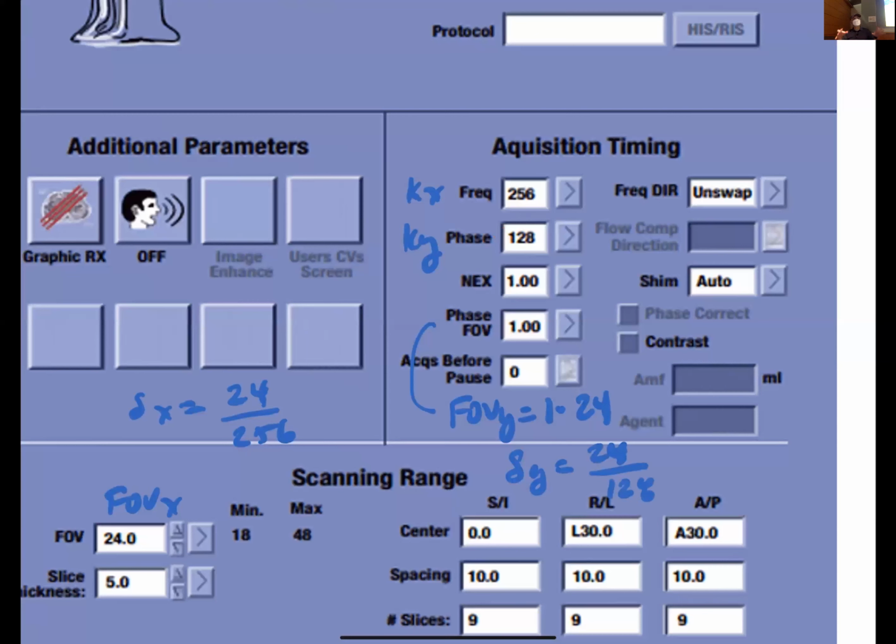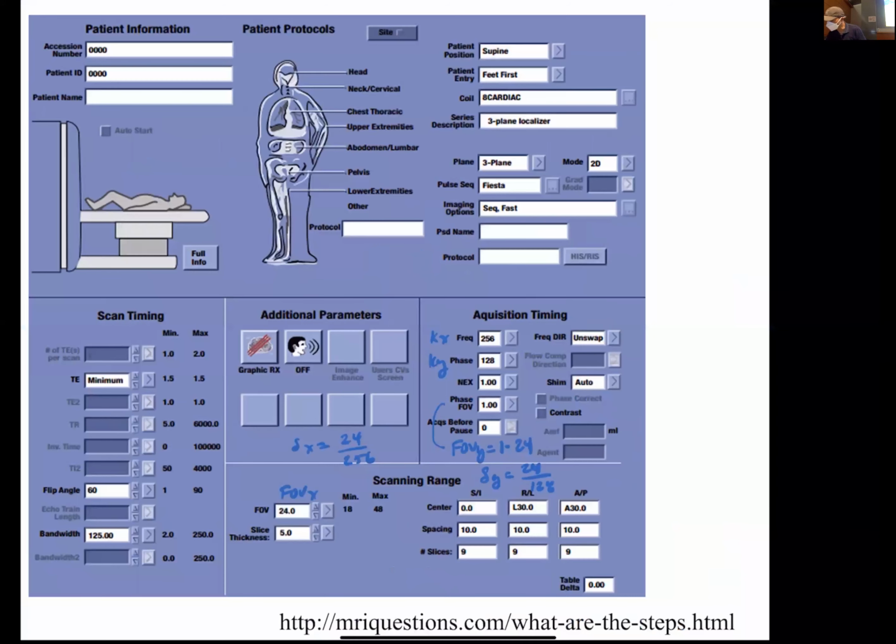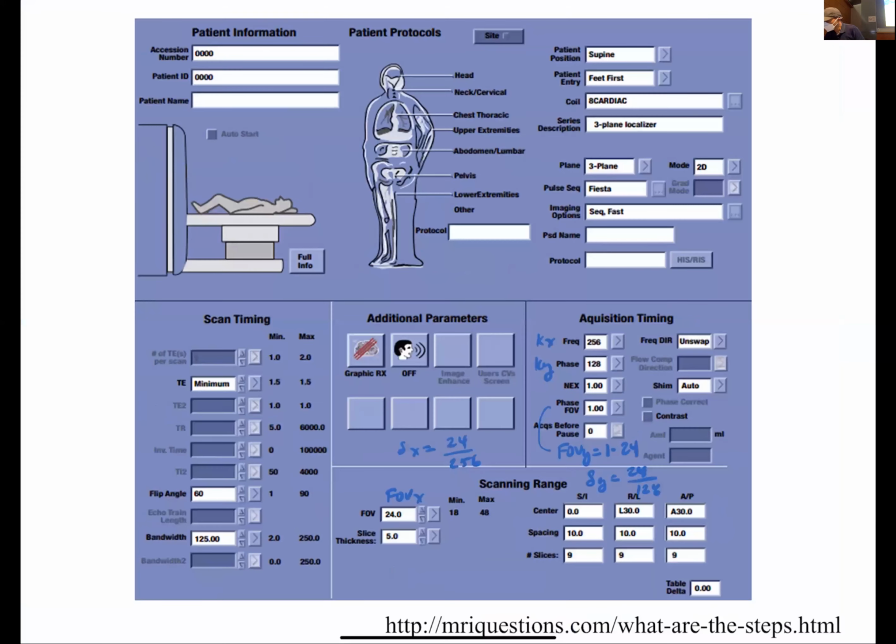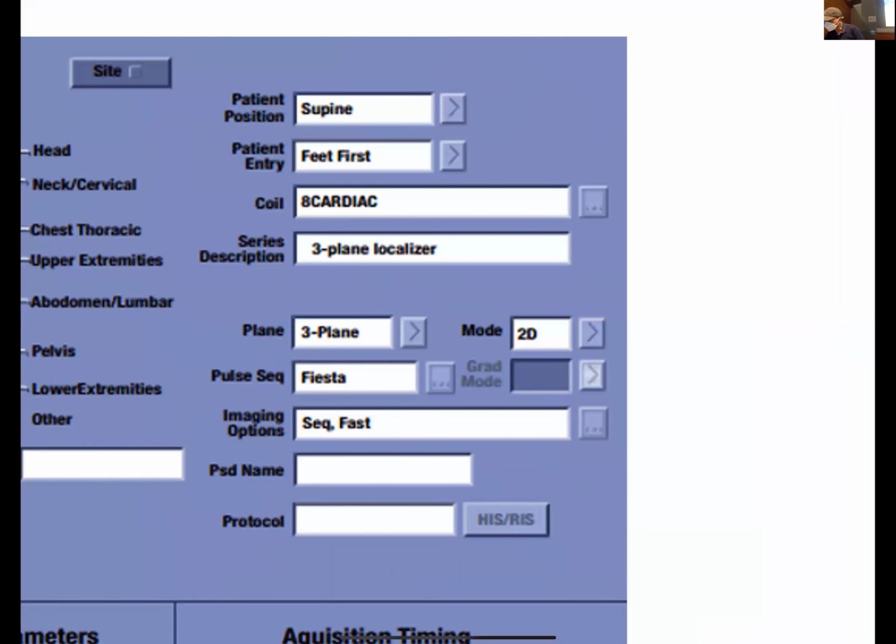So the person sits down at the scanner, enters these values, and then we're going to talk about the computations that go on behind the scenes, assuming that this, let's see, can we tell what sequence this is? Let me see what sequence this is. Yeah, so you can see the subject is lying supine, so they're lying on their back, okay?